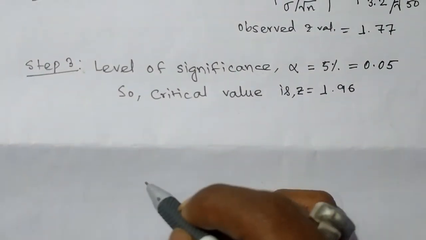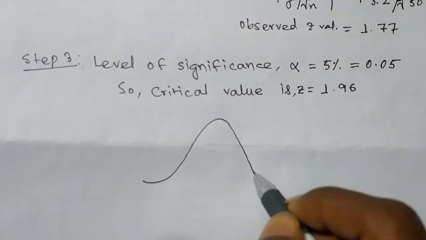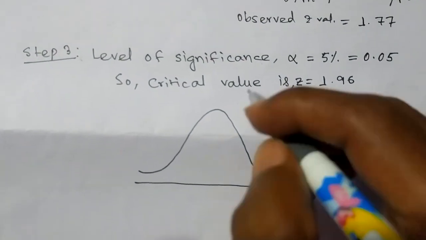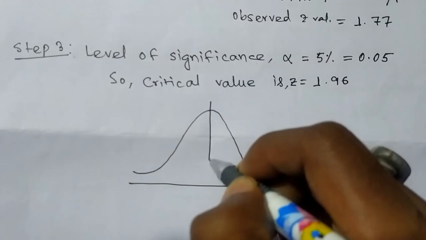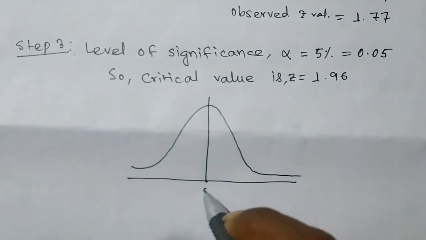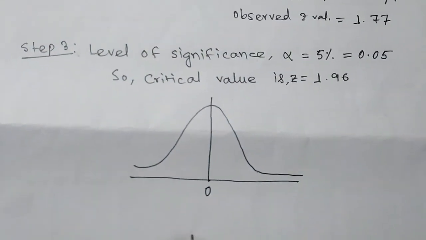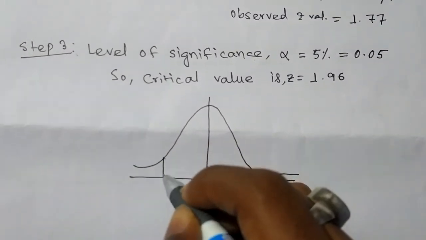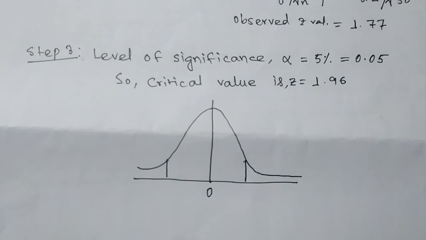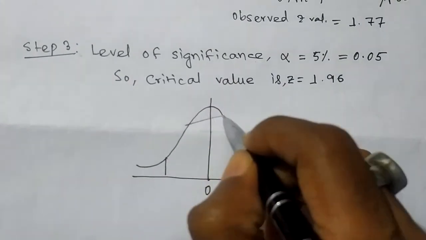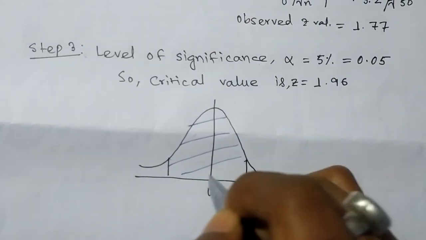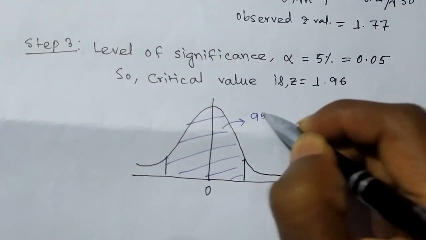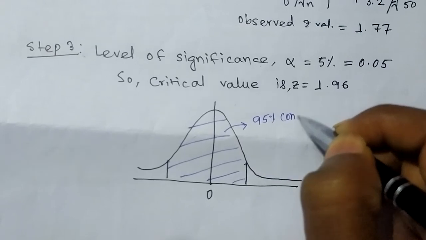What does that mean? That means if this is my normal distribution of the sample, with mean 0, then in this region I accept the null hypothesis, which is 95% confidence.